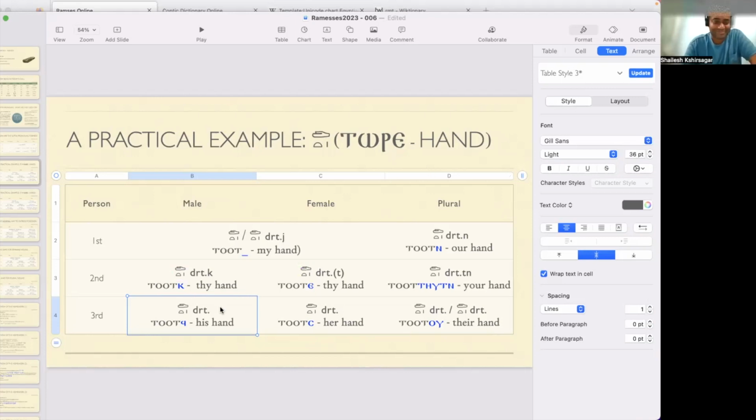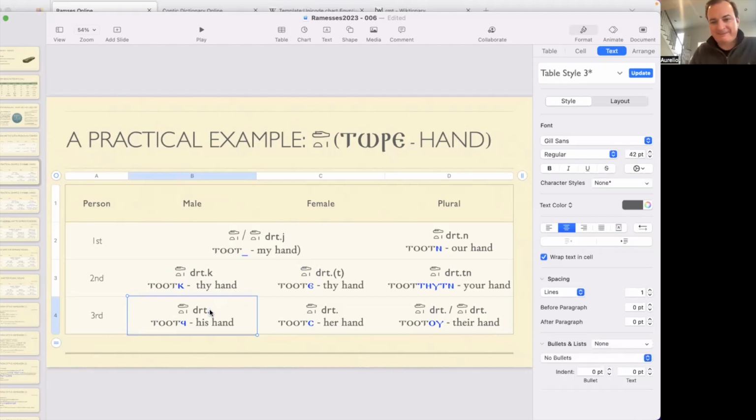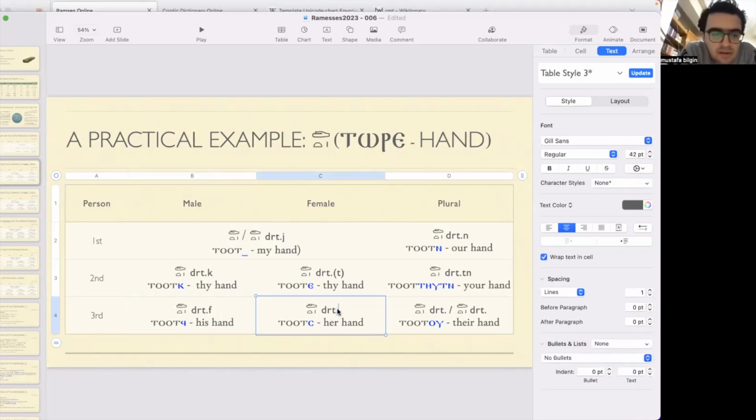Want to do the third person? Any volunteers for the third one? All right, go for it. Jared F, that's right. Jared S. That's right.